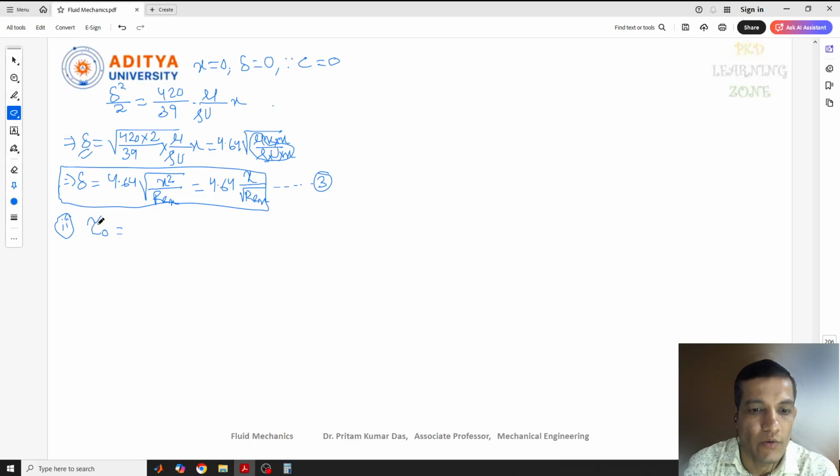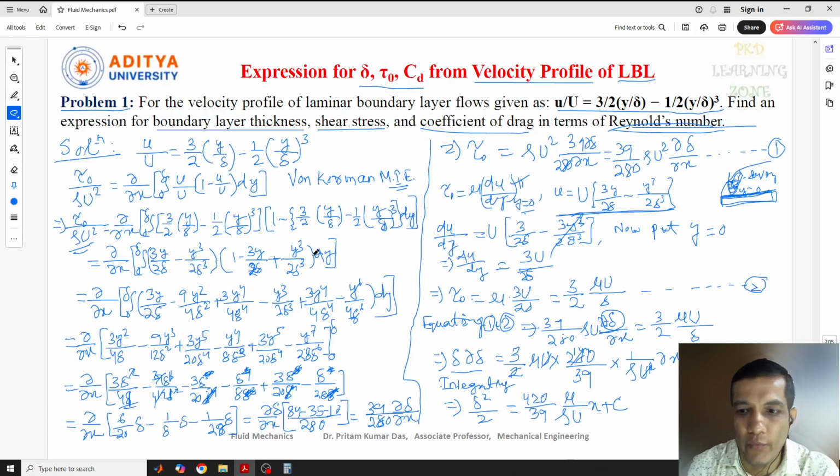So we can write tau naught equal to 3 by 2, mu into capital U divided by 4.64 x divided by root over of Re x. Now this is the term, I can put it here. Now see, these are the values.